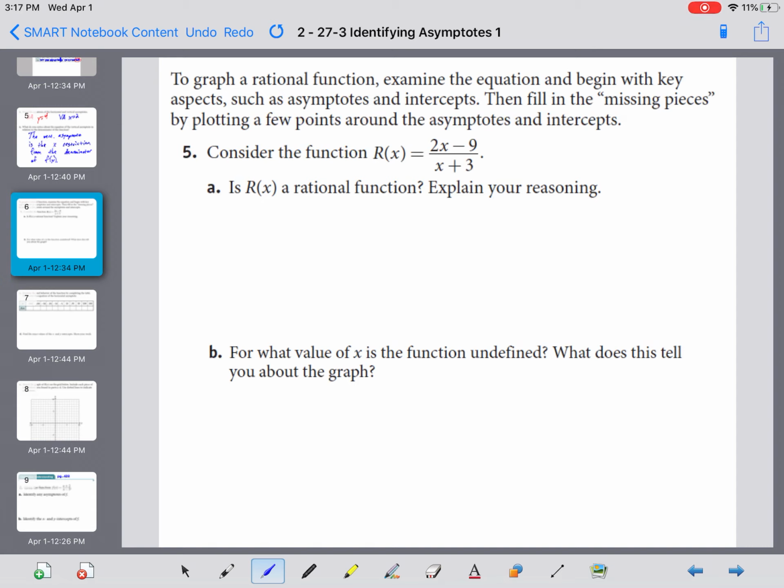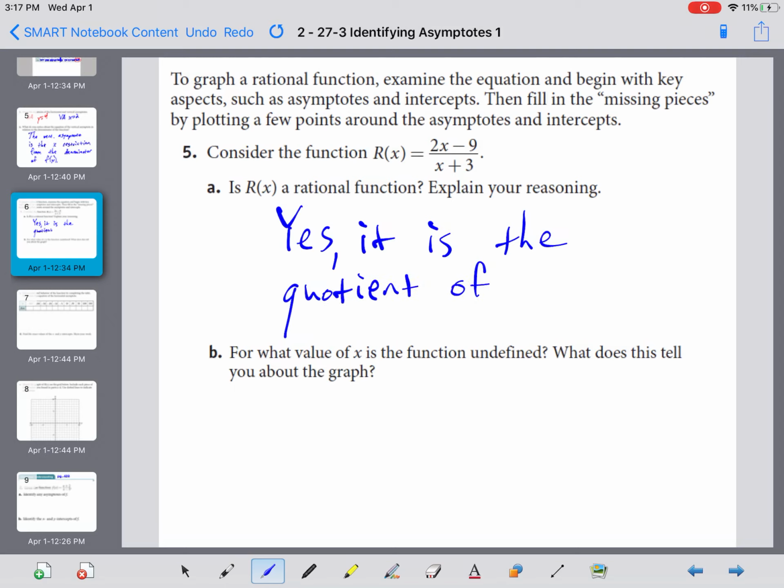And the answer is yes. It is the quotient of two polynomials. We have a polynomial 2x minus 9 up top, and we have a polynomial x plus 3 in the denominator.